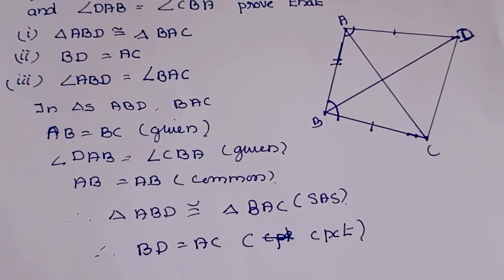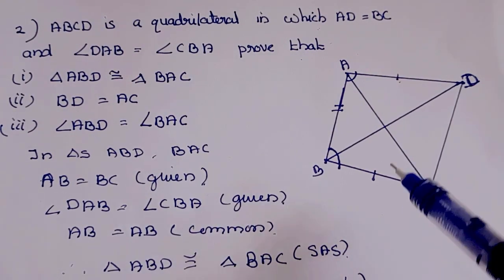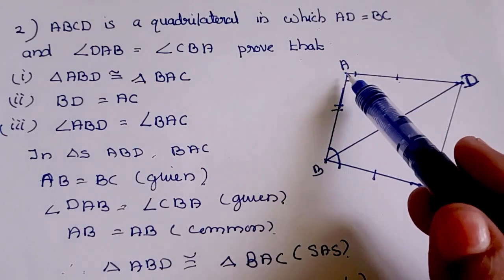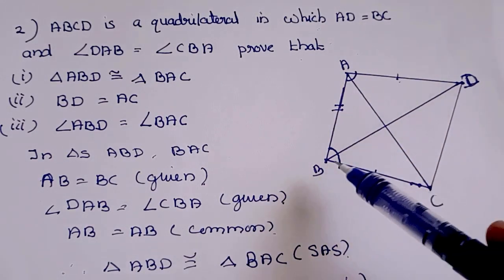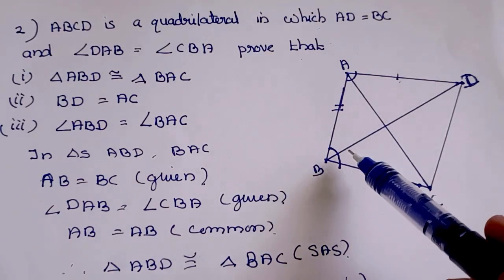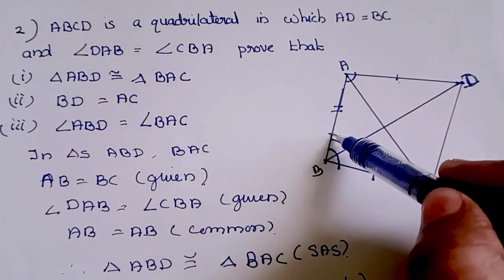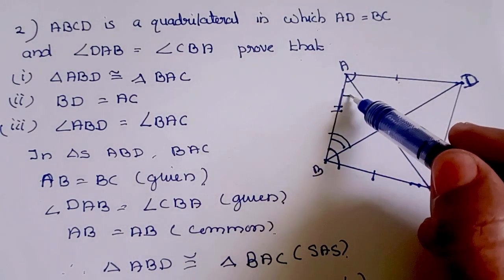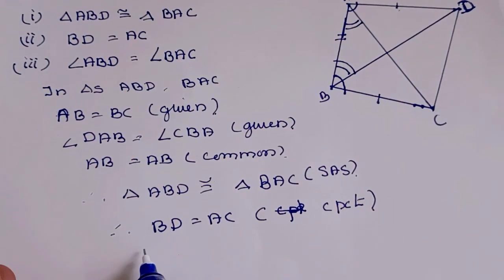And the third angle, we have to prove that angle ABD of first triangle equal to angle BAC of second triangle. These two angles are equal. It is again the same reason, CPCT.